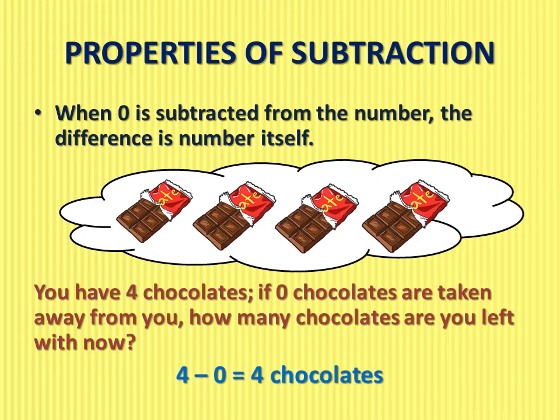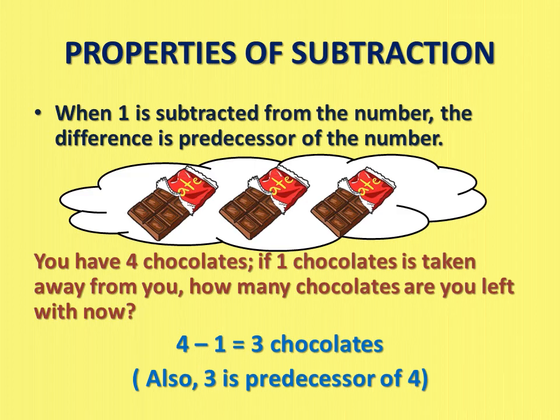So how many chocolates are you left with now? As nothing was taken away from you, your chocolates will be the same as they were before. So 4 minus 0 is 4 chocolates. So you notice that if we subtract 0 from any number, the answer comes out to be the number itself.